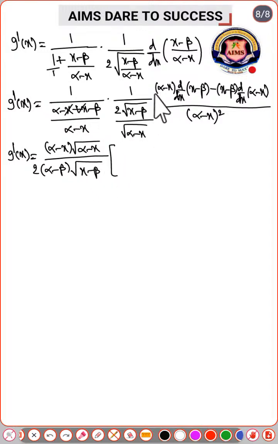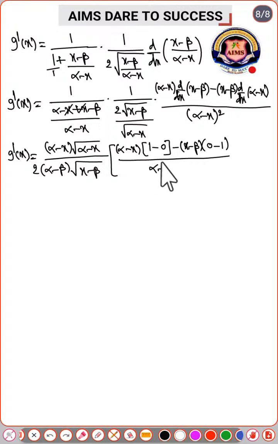Okay, into here alpha minus x into d by dx of x is 1 minus d by dx of beta is constant, derivative 0, minus x minus beta into d by dx of alpha, constant, minus constant derivative 0. So then minus d by dx of x is 1, whole divided by alpha minus x whole square.